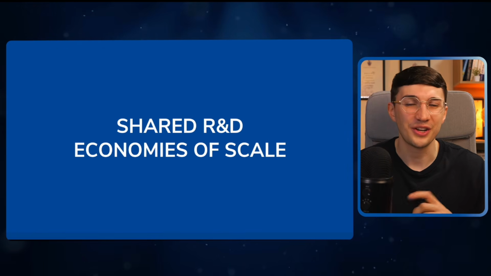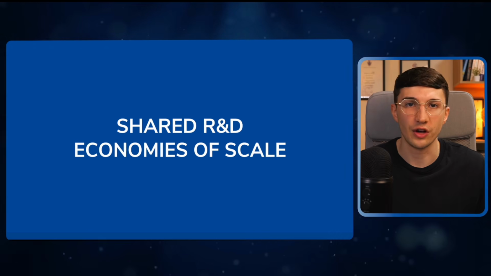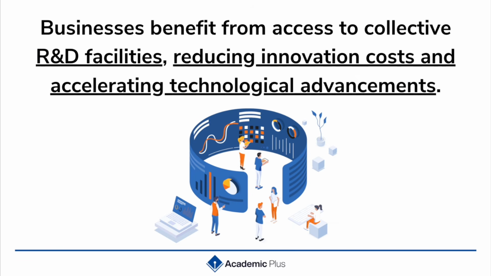The next external economies of scale we have is shared R&D. R&D just means research and development. Now, what this one is all about: businesses start to benefit from access to collective research and development facilities, which should begin to reduce their innovation costs and also accelerate technological advancements. So by pooling resources together, companies can split the high costs typically associated with research and development, such as testing, designing and experimenting.